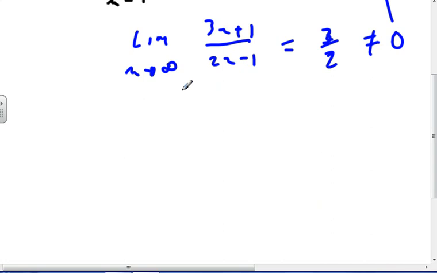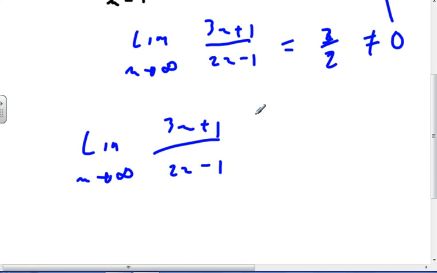Now, that begs the issue, can we do that particular thing? Do we know how? If I take the limit as n goes to infinity of 3n plus 1 over 2n minus 1, and I multiply top and bottom by 1 over n, can I do that? Yeah, I can do that.